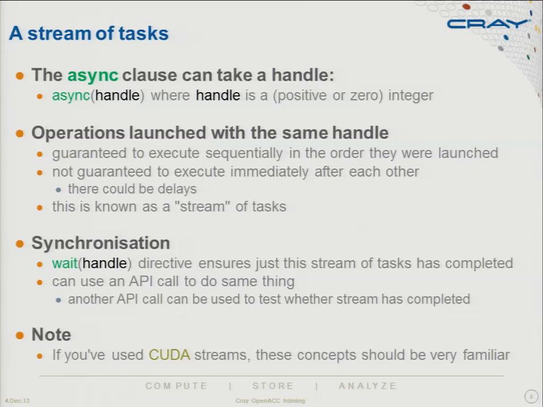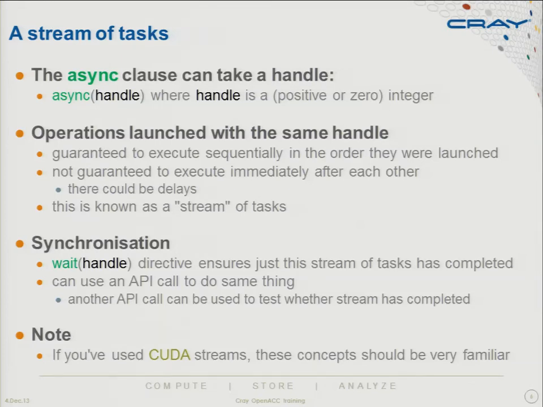So the second one won't execute until the first one is finished. And when the second one is finished, the third one will start. They won't get out of order. They may not be immediate. There may be a delay between number 1 finishing and number 2 starting, but they will be in order.